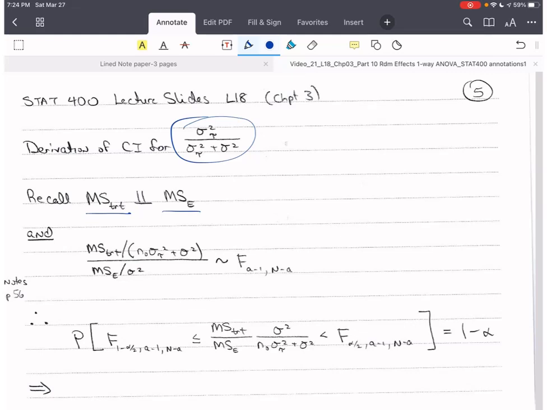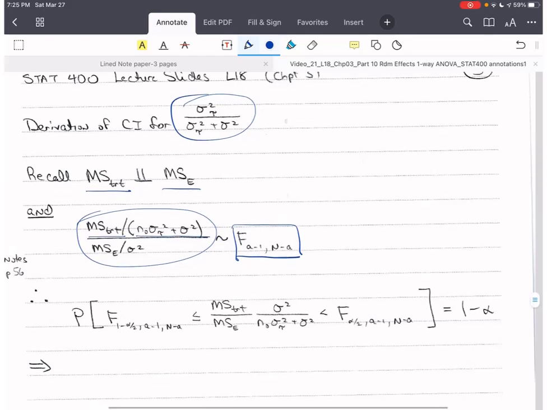So we can take this ratio of MSTRT divided by (n naught sigma tau squared plus sigma squared) over MSE divided by sigma squared, and that gives us an F distribution with a minus 1 degrees of freedom in the numerator, n minus a degrees of freedom in the denominator. And so, once we know the distribution of this quantity here, we can find the confidence interval.